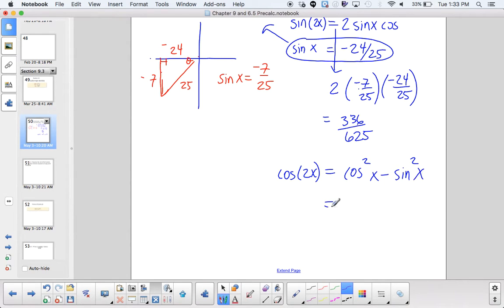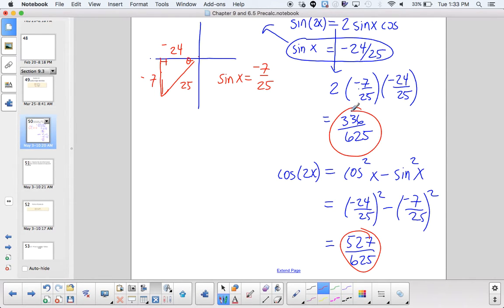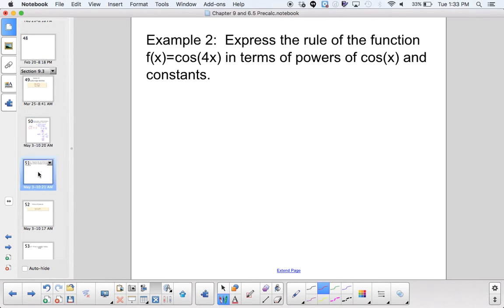And so if we plug in those values, negative 24 over 25 squared minus negative 7 over 25 squared, and simplify that, we get 527 over 625. Okay, and so now we have both of those.